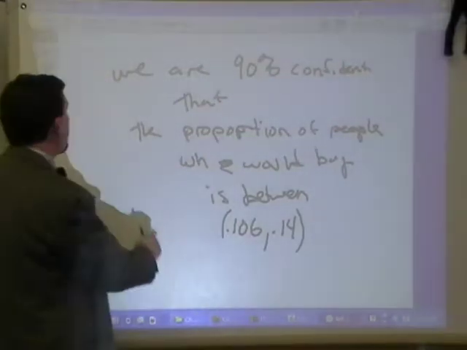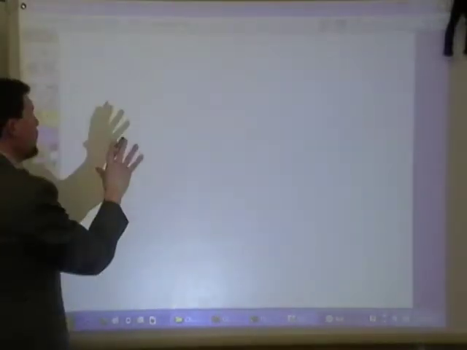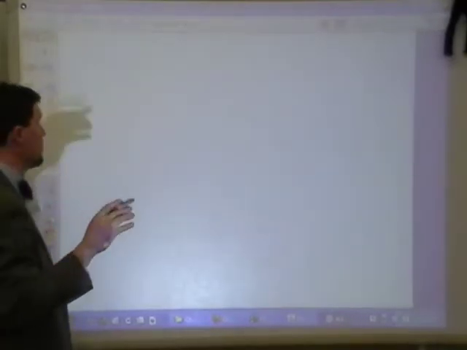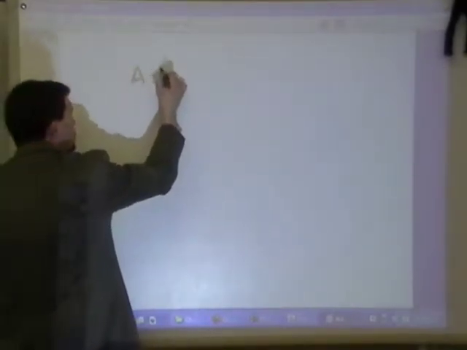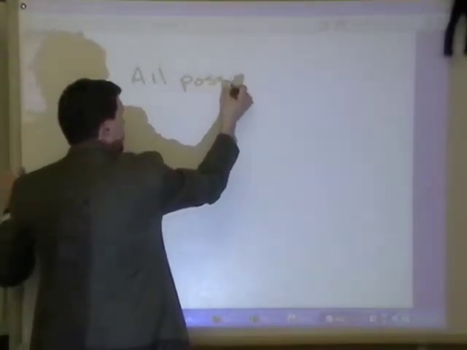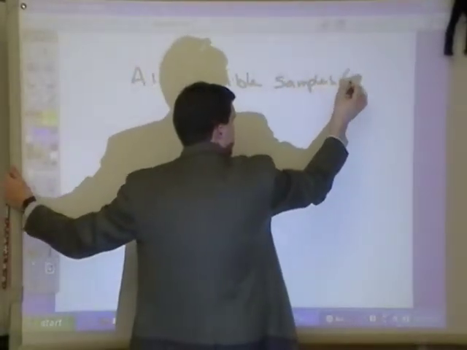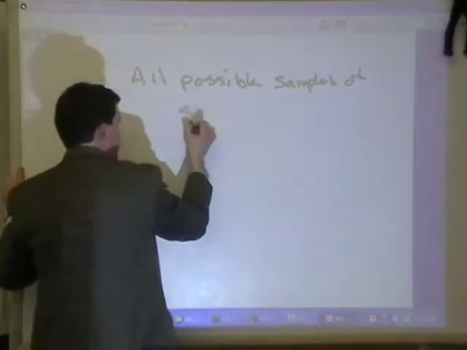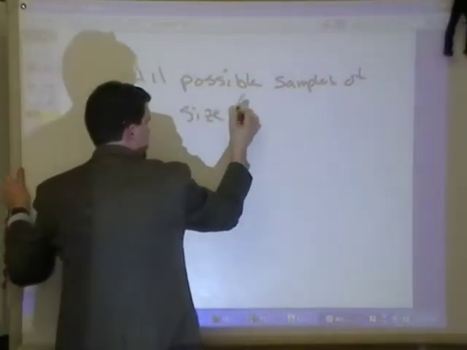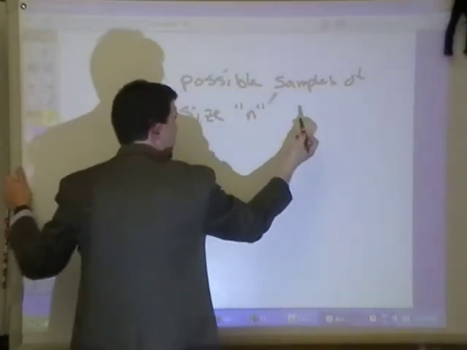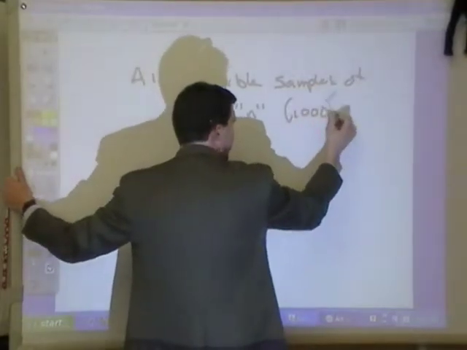But that's not what a 90% confidence interval means. What a 90% confidence interval means technically is this. If I were to take all possible samples of size n, okay, in our situation that was 1,000 for a problem.